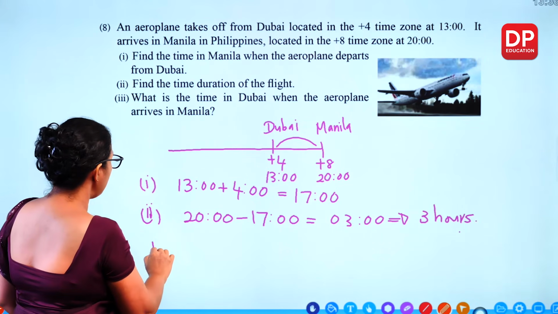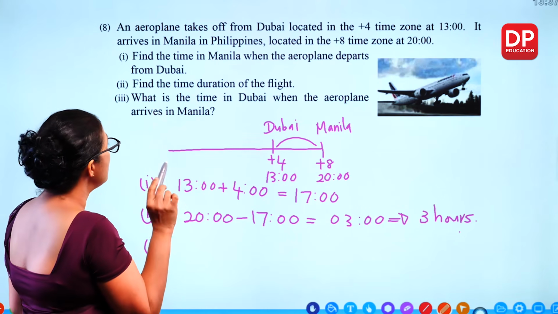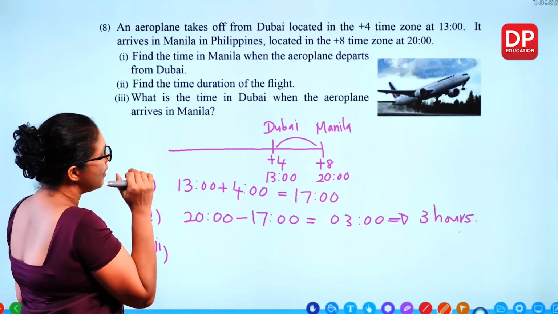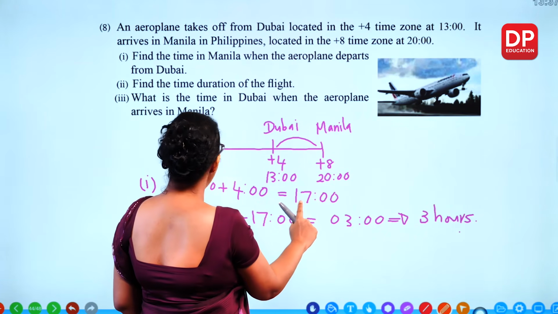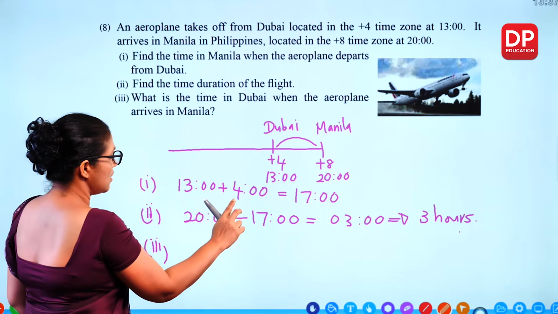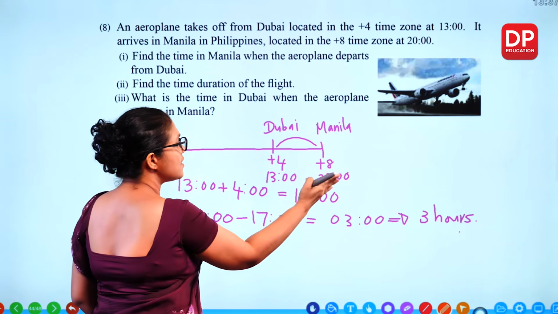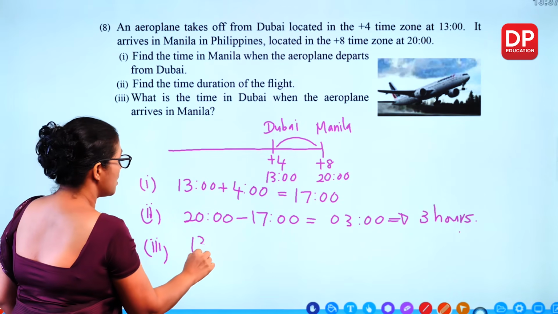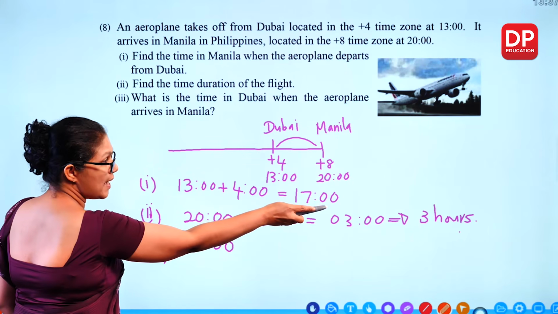Then part 3. What is the time in Dubai when the aeroplane arrives in Manila? Now here 20, and we found out this is 20, but 4 hours more than that. So 13 plus 3 hours.